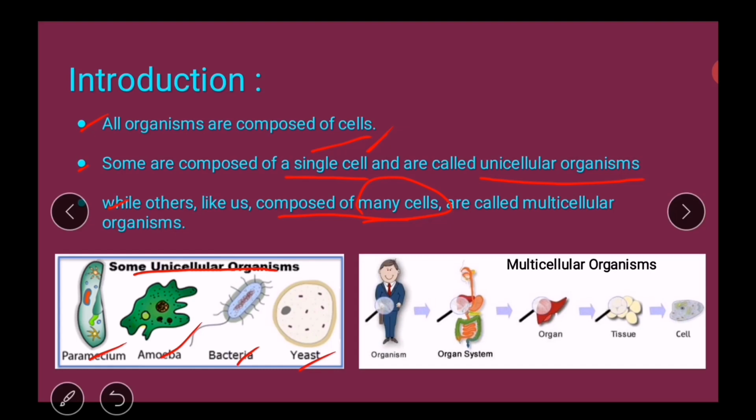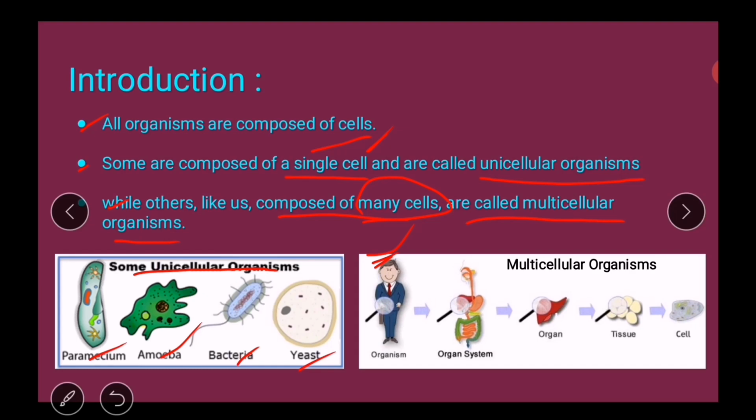They are composed of many cells, more than one cell. They are called multicellular organisms. Those organisms which are composed of more than one cell or many cells are called multicellular organisms. Example, a human being.